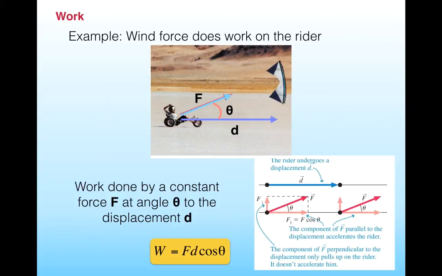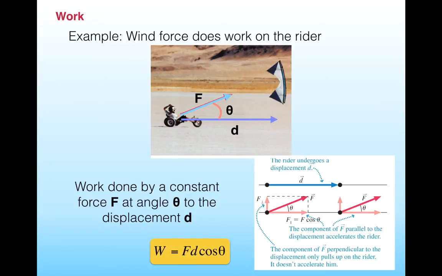The vertical component is not doing any work, but the component that's parallel to d, in this case the horizontal, is actually doing the work. And so that component is F cosine theta.